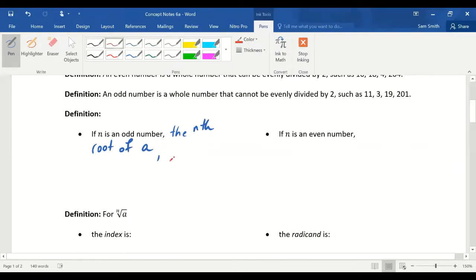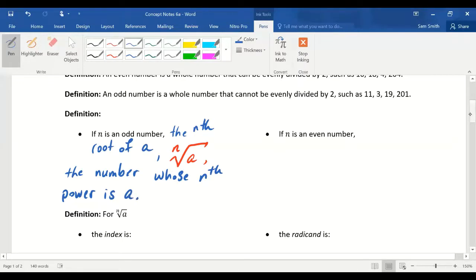It's written as square root symbol, with the number n written really small up here in the sort of elbow of the square root symbol, a underneath. The definition of this term is this is the number whose nth power is a.